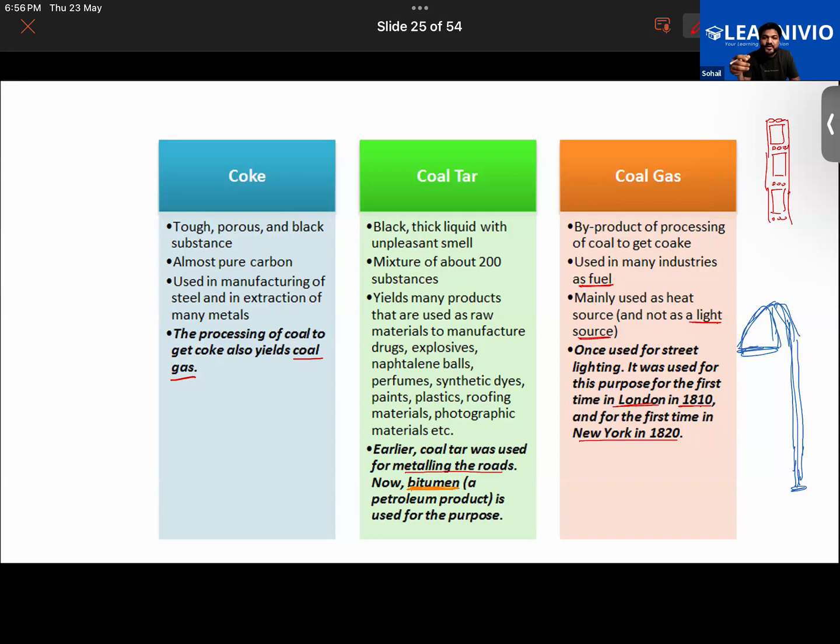Coal gas was not giving that much light upon burning. Also, you have to keep on refilling the street lamps with coal gas. Light was not that sufficient. So since we have got better alternatives, that's why we don't use coal gas for the purpose of lighting. Getting it now?